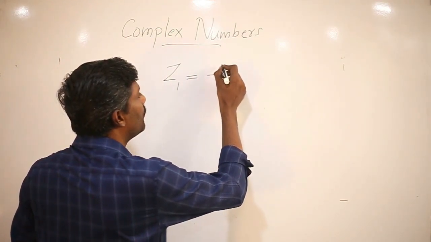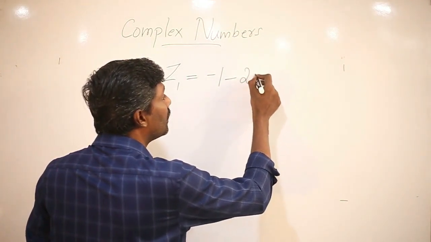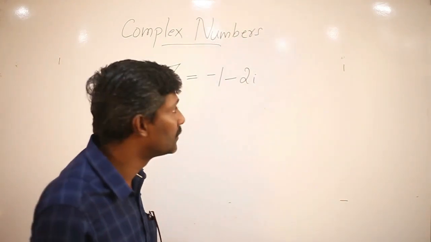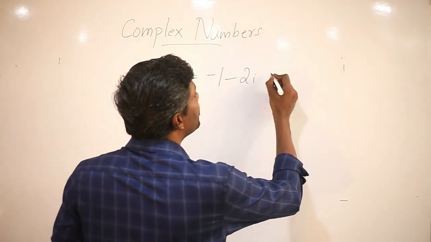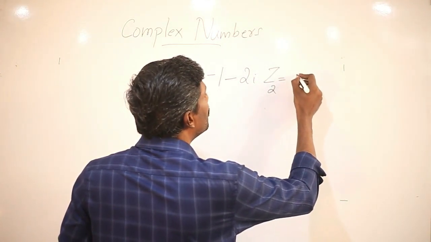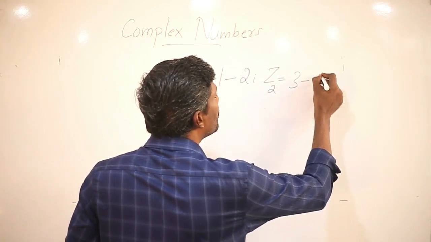Z1 is, say, minus 1 minus 2i. So I have made both the real part and the imaginary part negative. And suppose we have the second number, say, Z2 equal to 3 minus i.